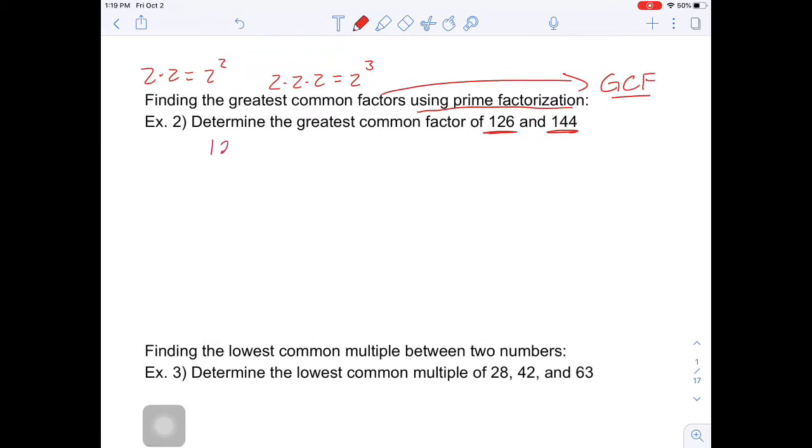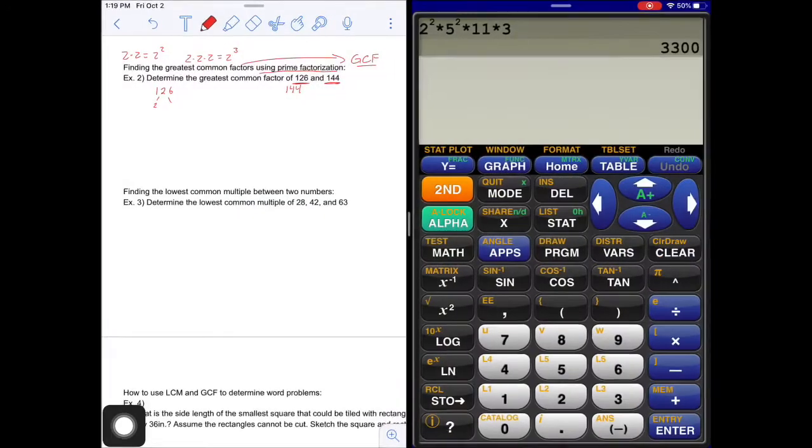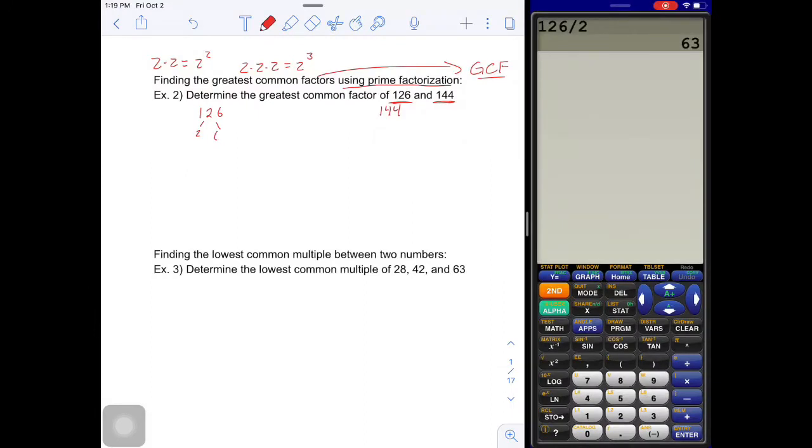Well, I'm going to do the tree method on 126, and I'm going to find 144. Now here we divide this by 2, and we're going to break it into its prime factorized form. So 126 divided by 2 gives us 63. 63 I can divide by 3, I'm pretty sure.